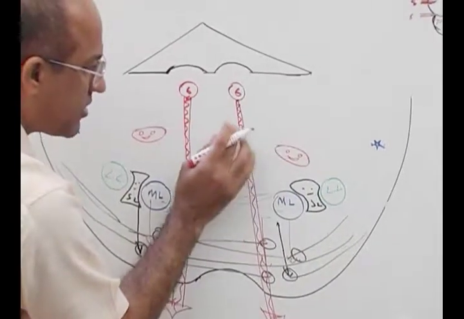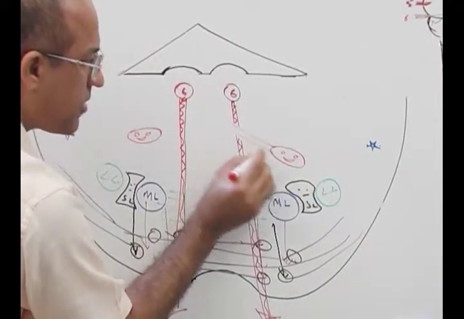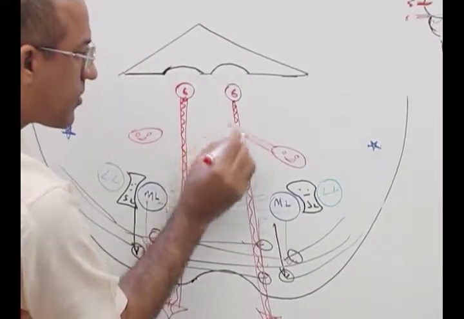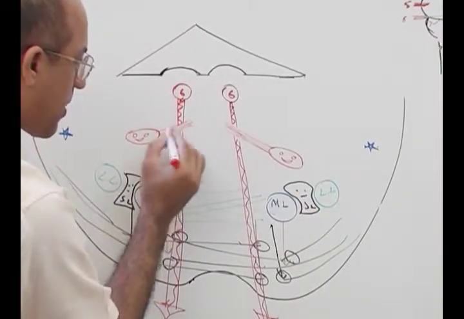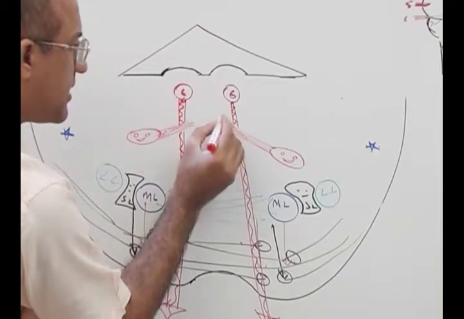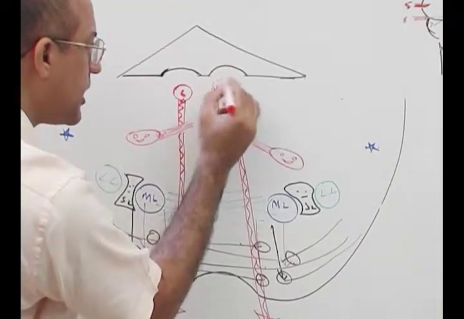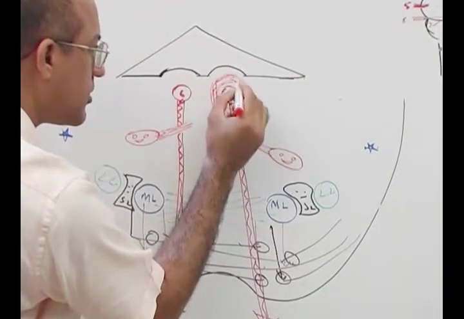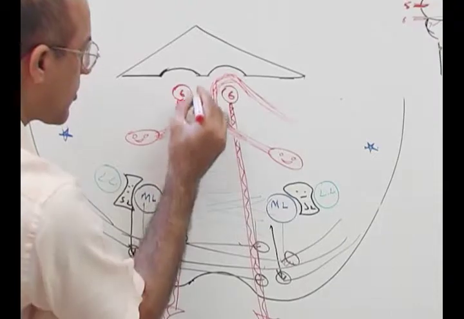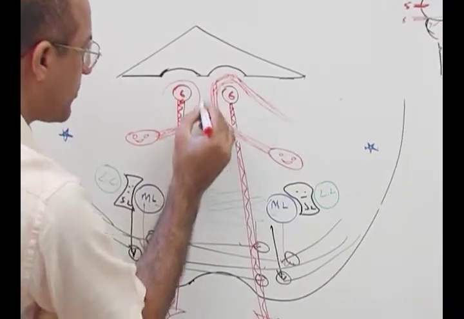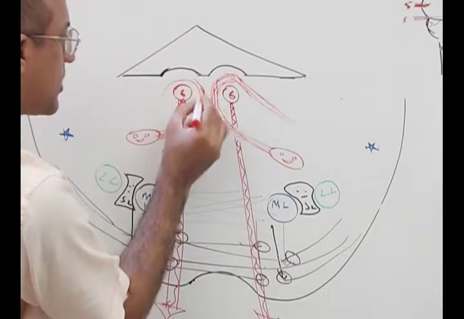These fibers move backward, right? They move backward and then they turn around. What is this thing? Facial nerve nucleus.